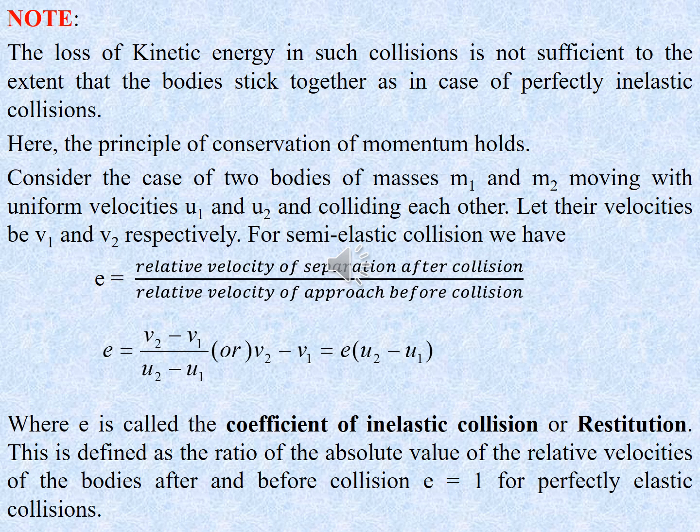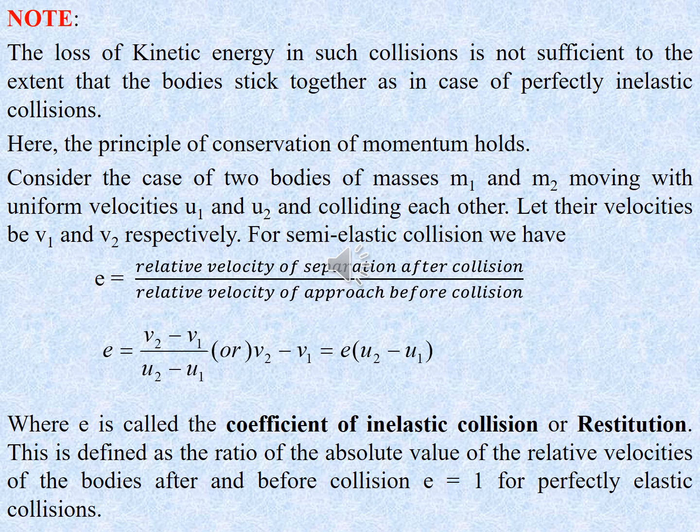Consider the case of two bodies of masses m1 and m2 moving with uniform velocities u1 and u2 and colliding with each other. Let their velocities after collision be v1 and v2 respectively. For semi-elastic collisions, we have e is equal to the relative velocity of separation after collision by the relative velocity of approach before collision.